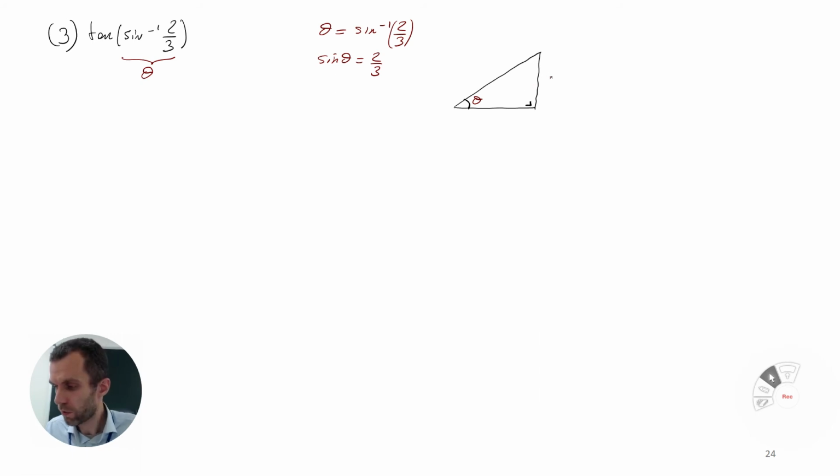That's satisfied if the opposite is 2, for instance, and the hypotenuse is 3. It doesn't have to be those values. You can also multiply them by a constant, but those are arguably the simplest values that give you this sine. And with these two values, the adjacent is equal to square root of 5. You can calculate that with Pythagoras' theorem.